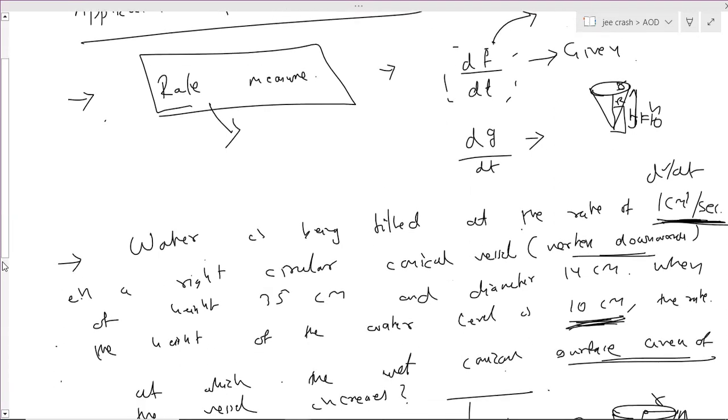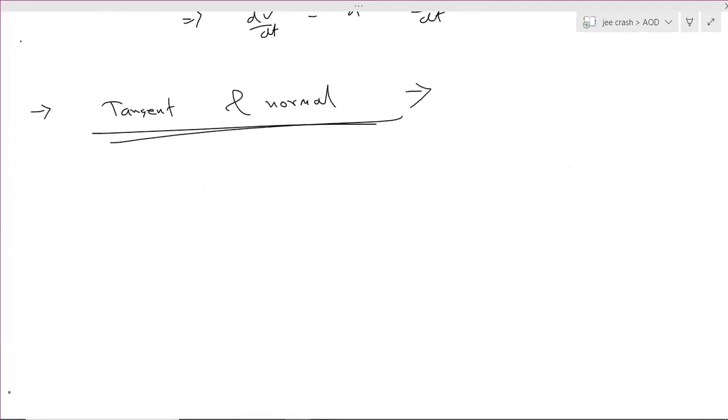Okay, how many of you are aware of tangent and normal? See, if you have any curve and this is a tangent at the point x1, y1, then how do we find the tangent and normal?